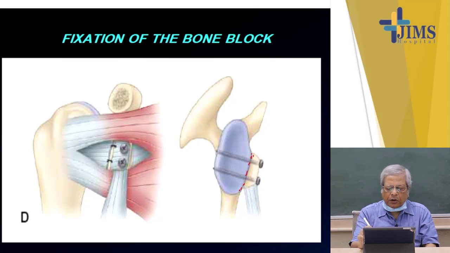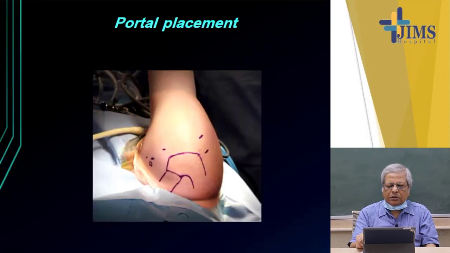This is a bony block fixed with 2 screws. And the coracobrachialis and short head of biceps are still there. So this is the most practical operation these days and very, very popular all over the world. This is called the Latarjet procedure.